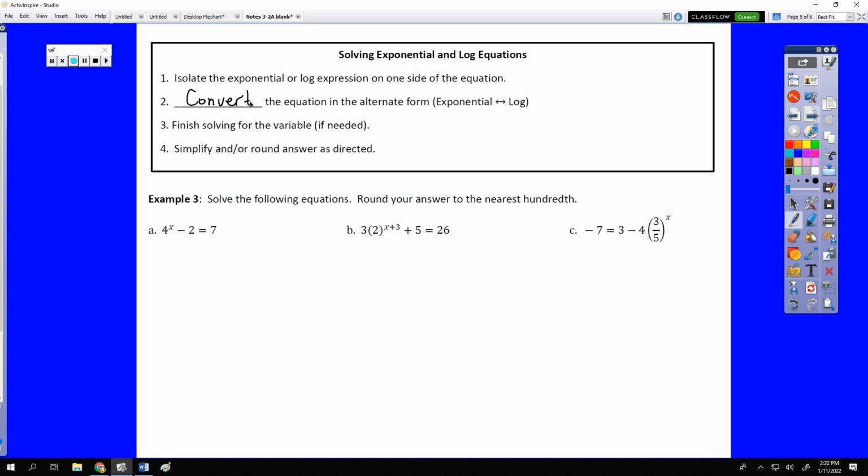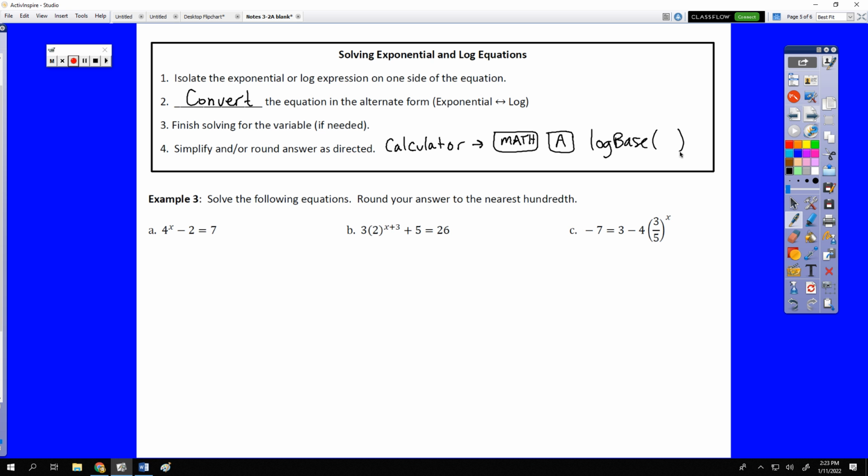We will finish solving for the variable if necessary, simplify and/or round the answer as directed by putting it into your calculator. On your graphing calculators, you're going to hit the math button, and then scroll down to the 10th option, which is listed as option A. It says something like log base.